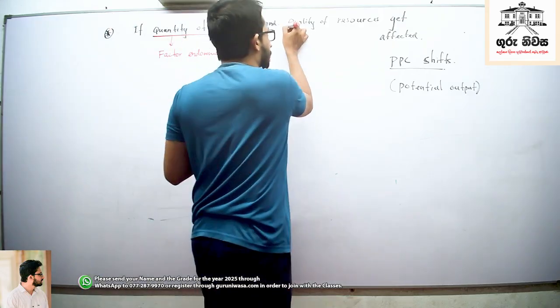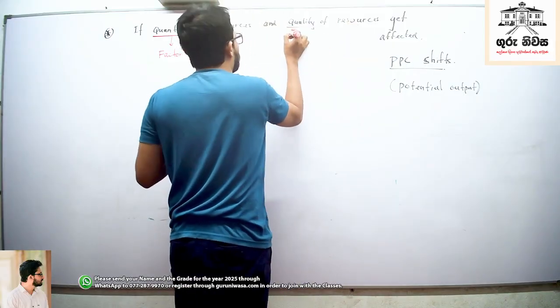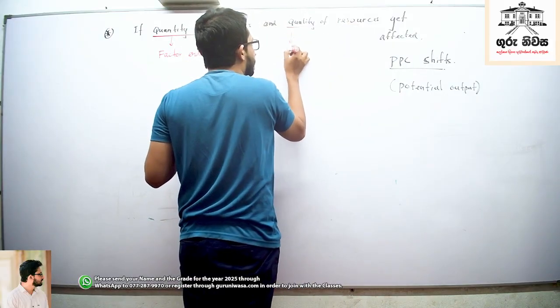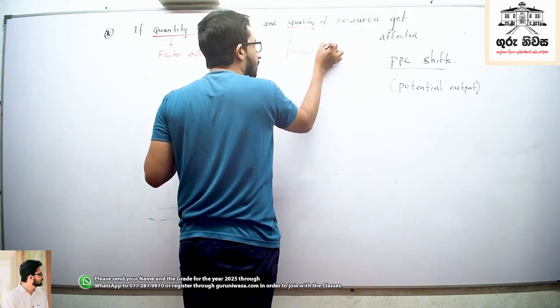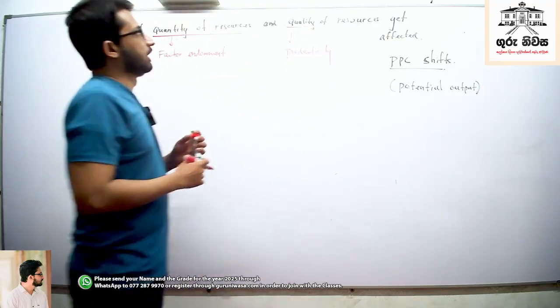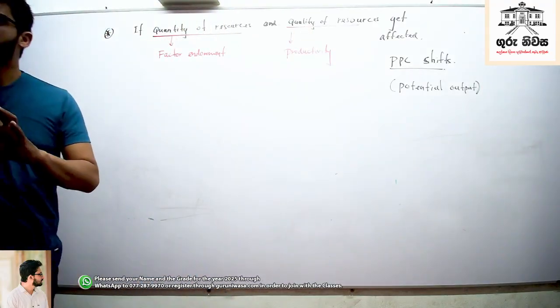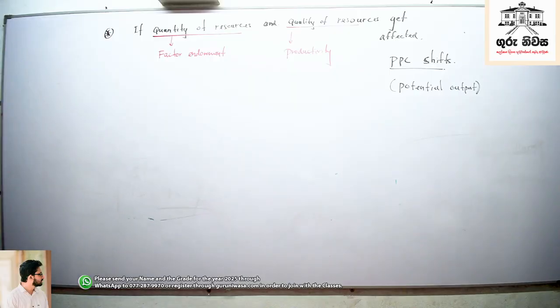Quality of resources means productivity of resources. If these two main points are changed by any event, the production possibility curve shifts to either the left side or the right side, based on the given scenario.